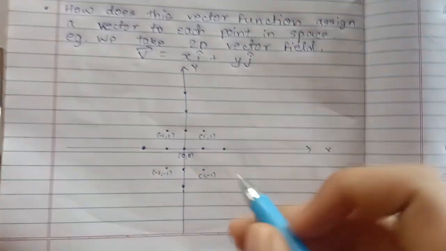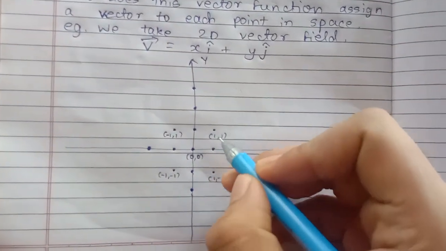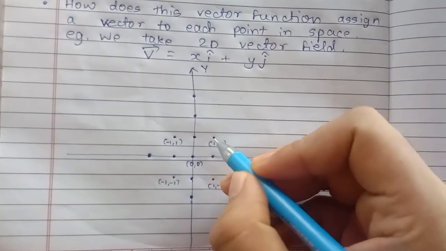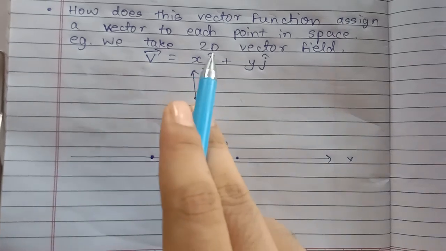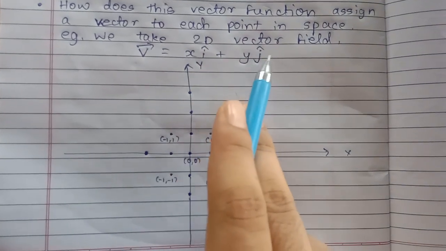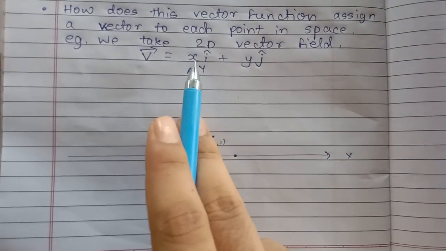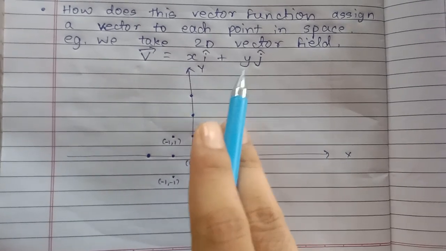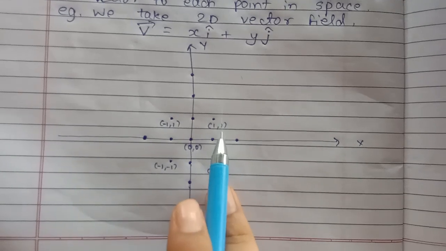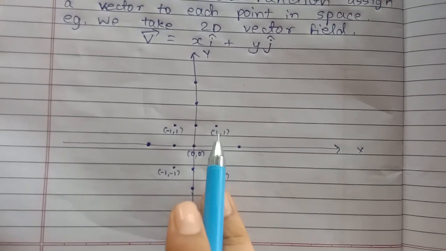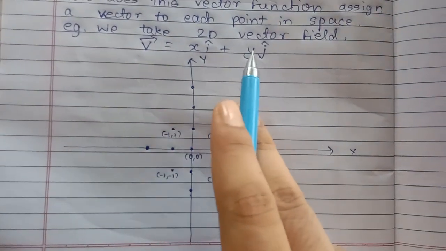For example, we have here the point 1 comma 1. As per this expression, x coordinate is 1 and y coordinate is also 1. So the vector will be i cap plus j cap.